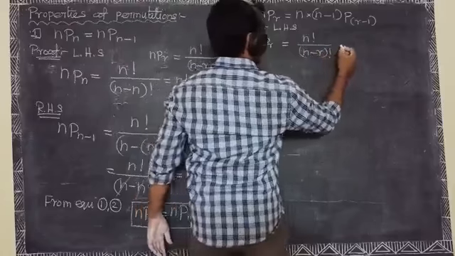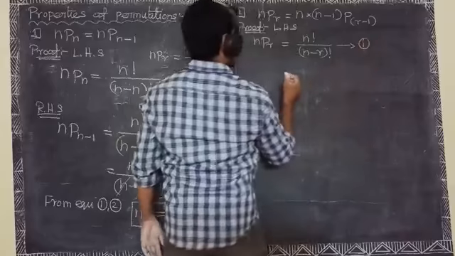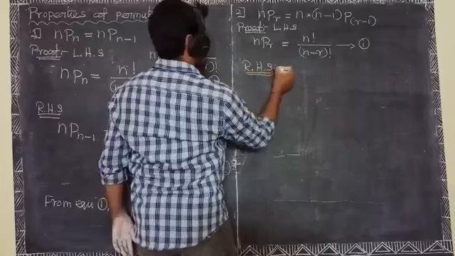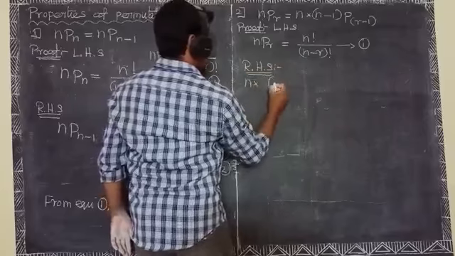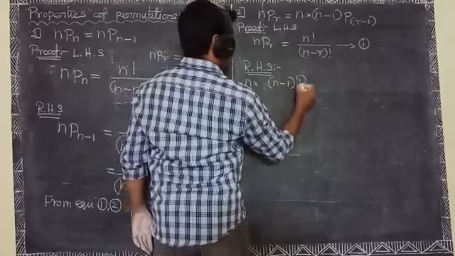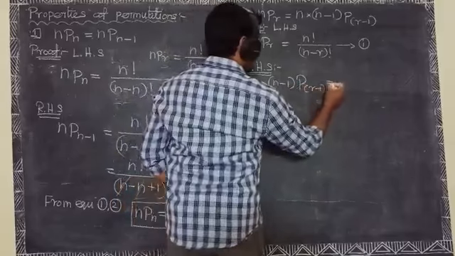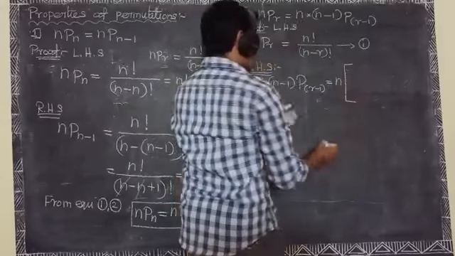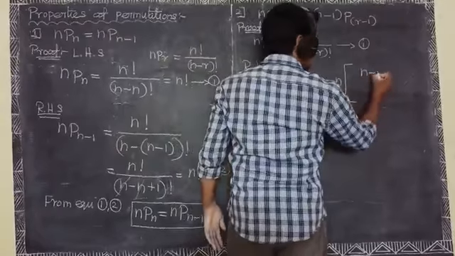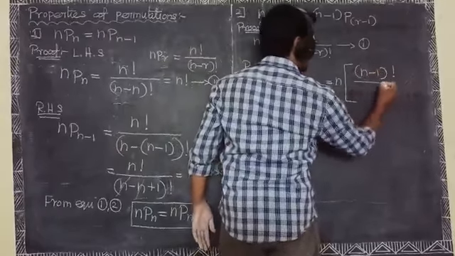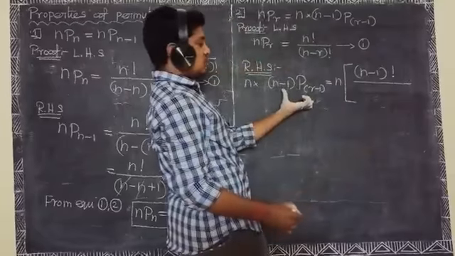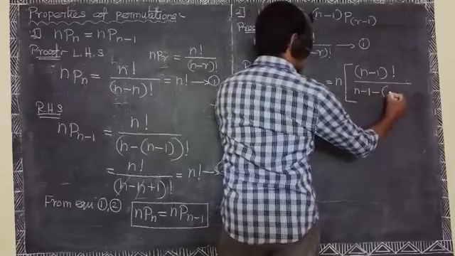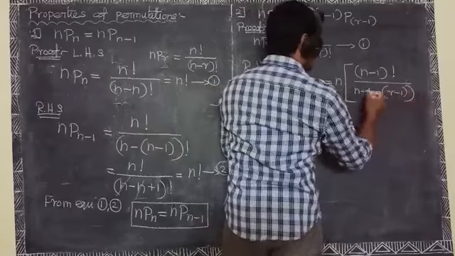Label this equation number 1. Now we take RHS, n into (n minus 1)P(r minus 1). Here the product n doesn't change. (n minus 1) factorial divided by the difference between the two numbers, that is (n minus 1) minus (r minus 1) factorial.